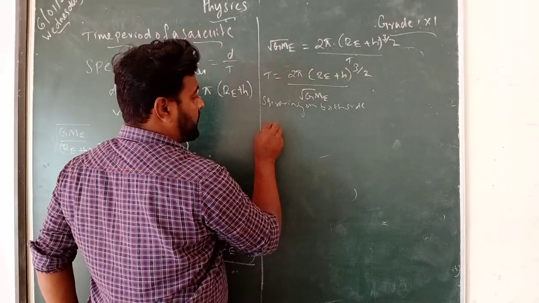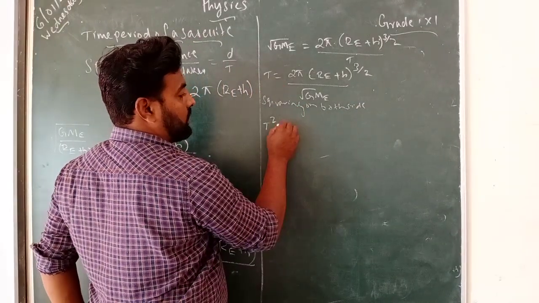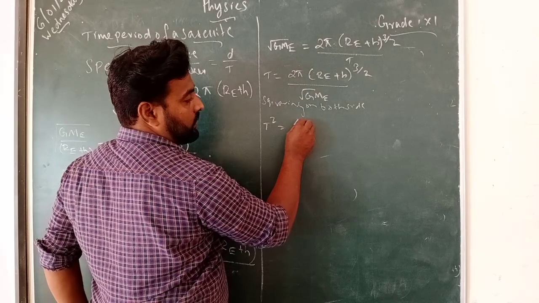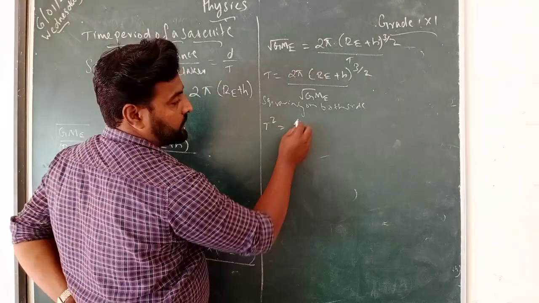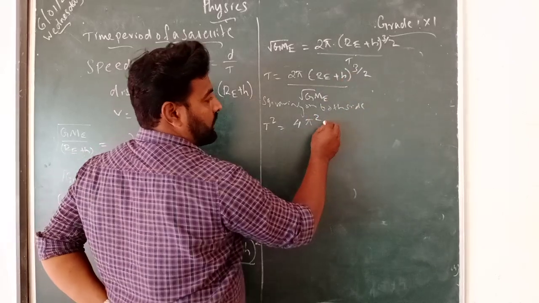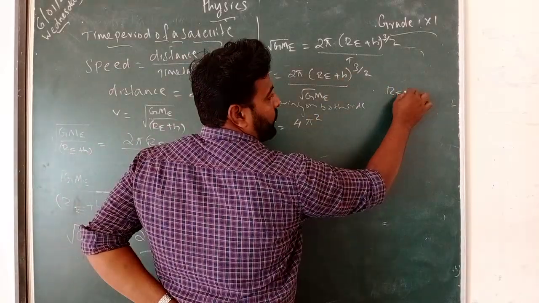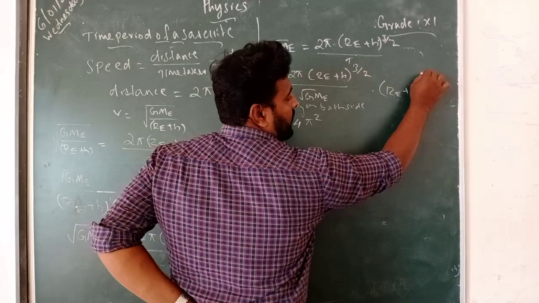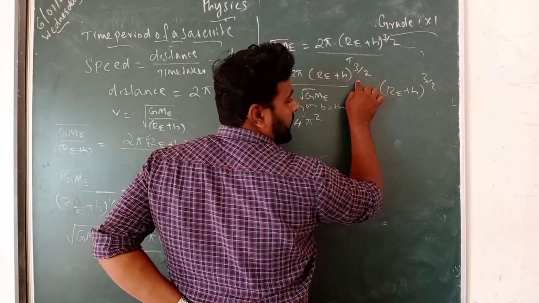So what we will get means T square. 2 square is 4, and pi square. Here (R_e + h)^(3/2) is there.